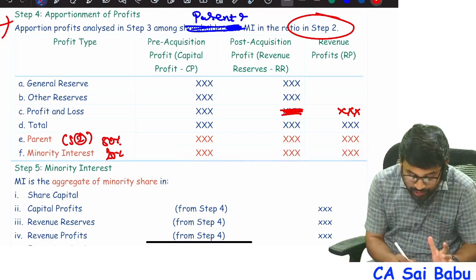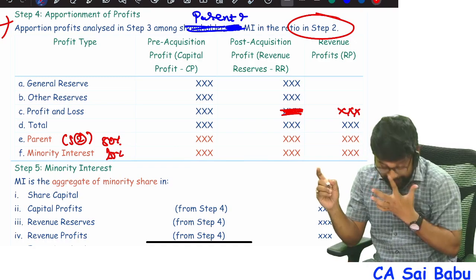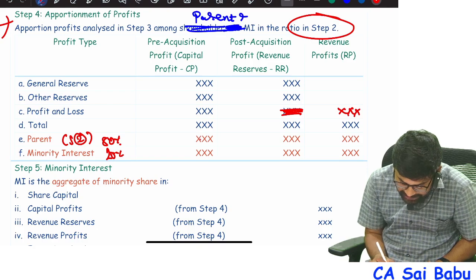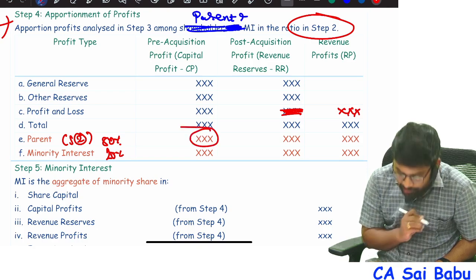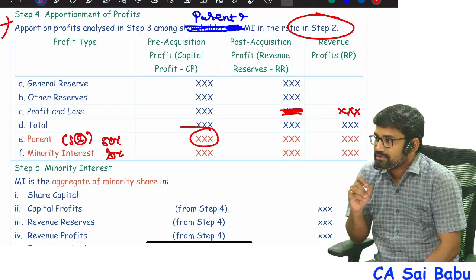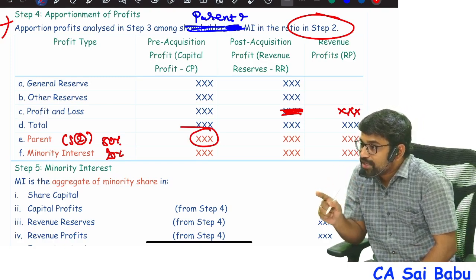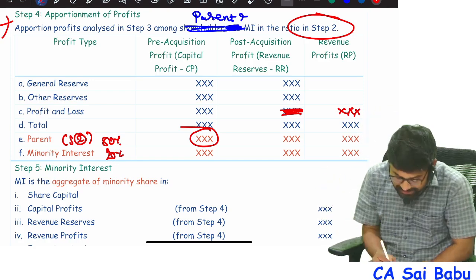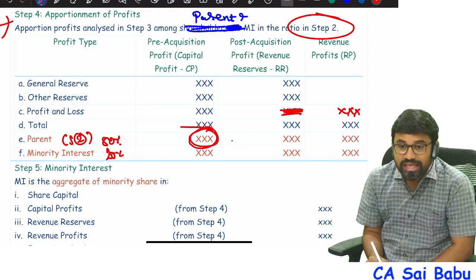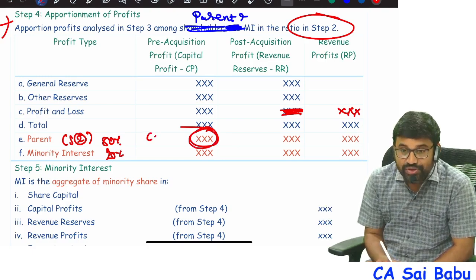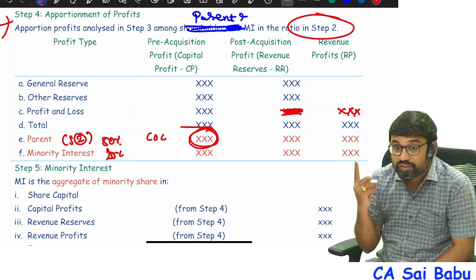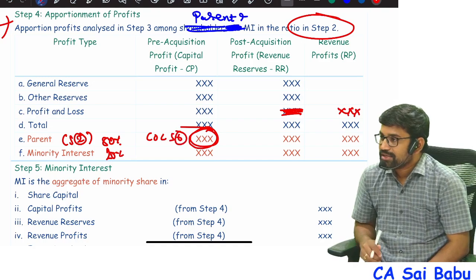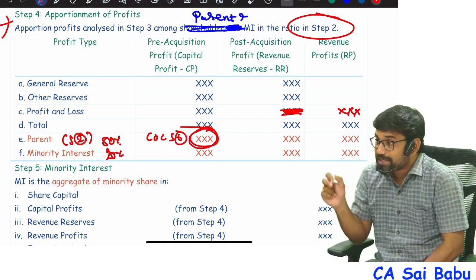Now I will tell you the most important point, listen to me carefully. Parent company share in the pre-acquisition profits of subsidiary. This amount is adjusted to cost of control, cost of investment in step number 6. While determining the goodwill or capital reserve, what we are doing?